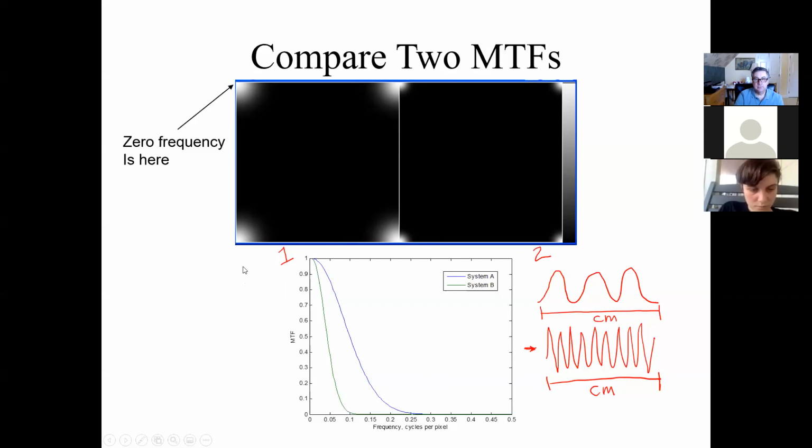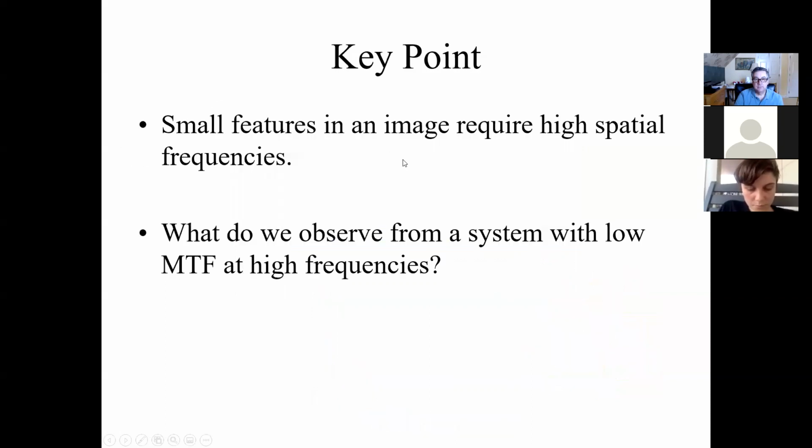So here's the key point, right? Small features in an image require high spatial frequencies. Okay.